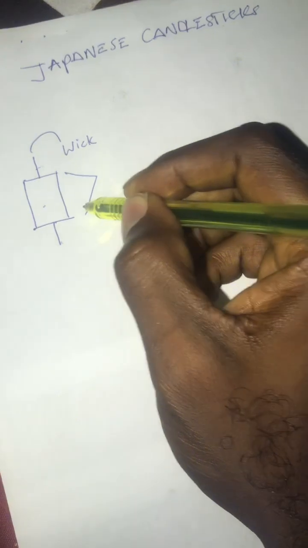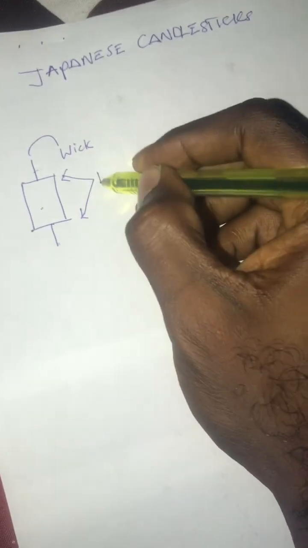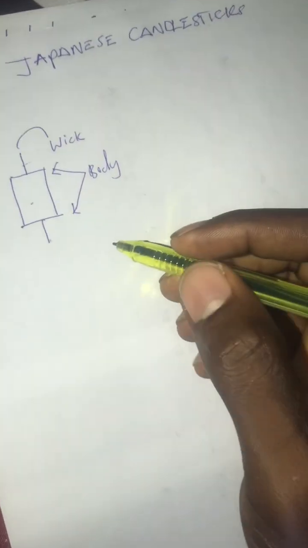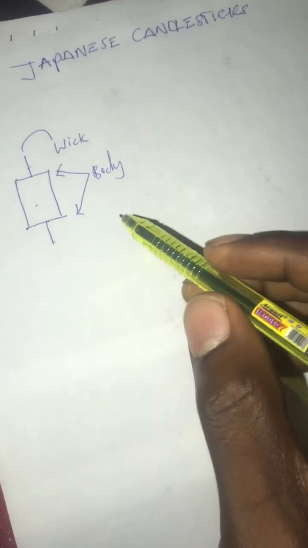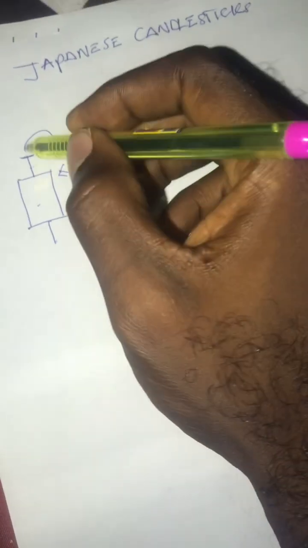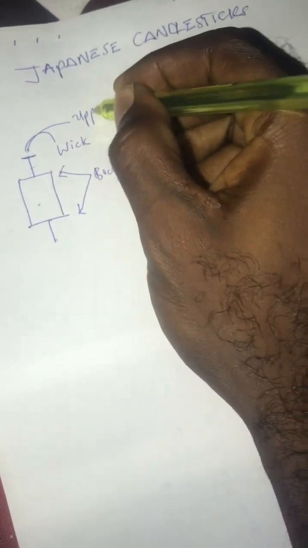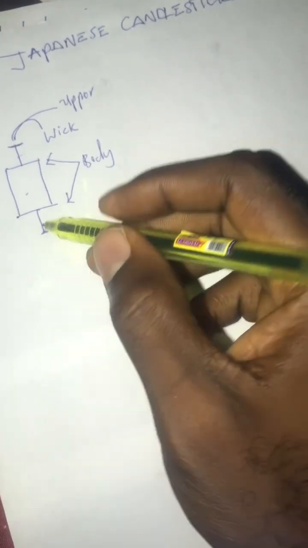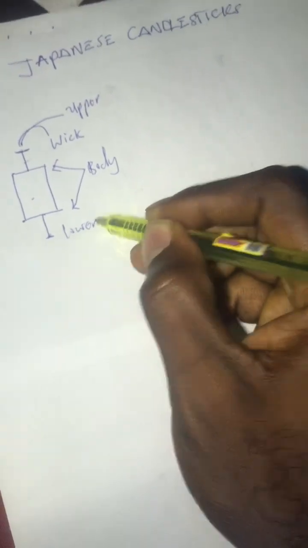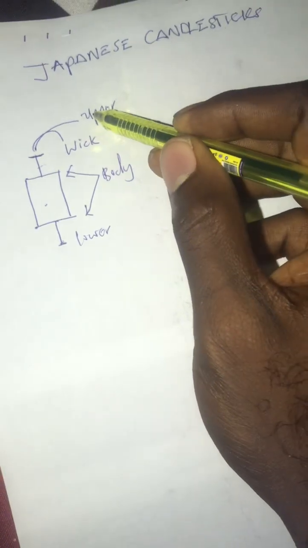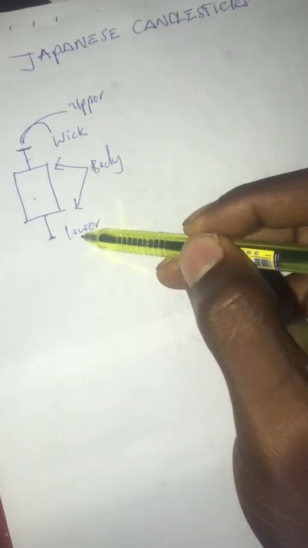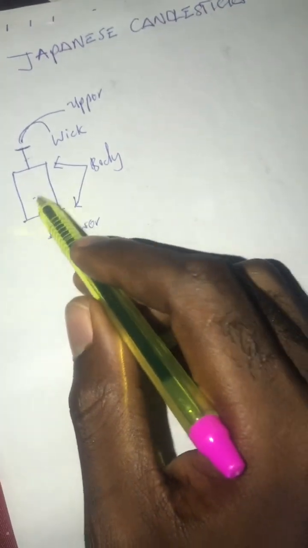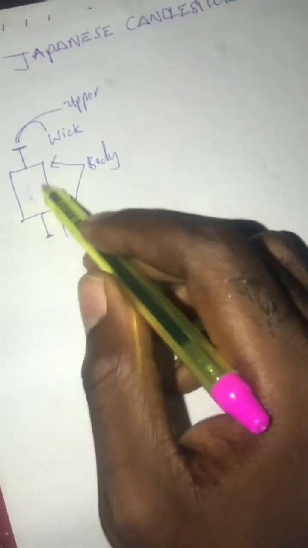We call it the body. Then here, at this level, we call it upper, and this level you are seeing is called lower. It's either you call it upper or high, or you call it lower or low. It's the same thing. What I want you to know is this is the body of the candlestick.